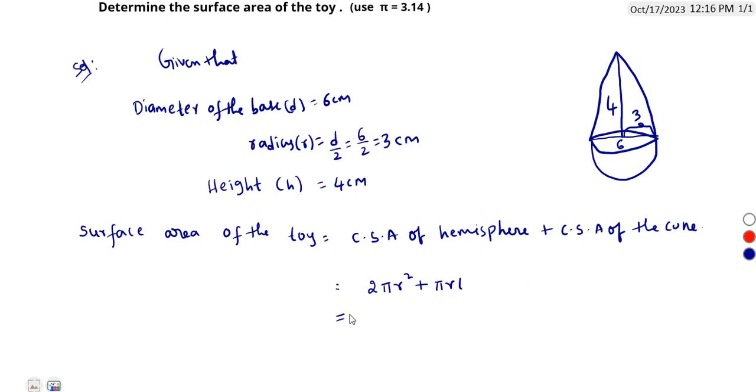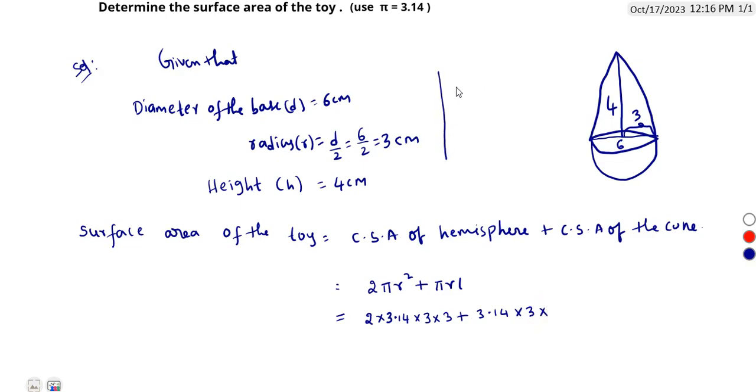In the question he mentioned use pi equals 3.14. So 2 into 3.14 into r value, which is 3, so 3 into 3, plus here also 3.14, r value is 3. Slant height we don't know.